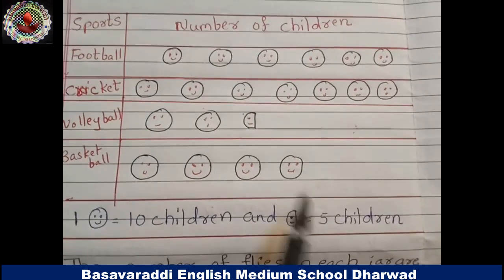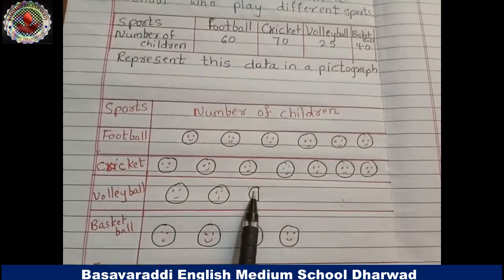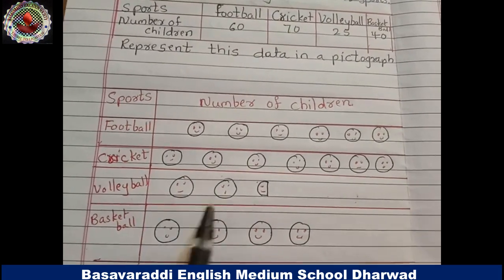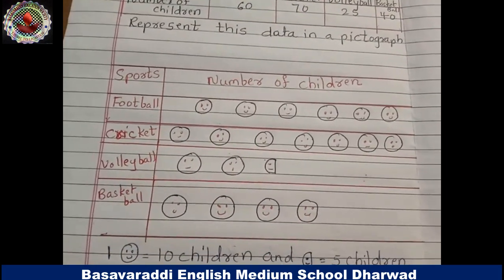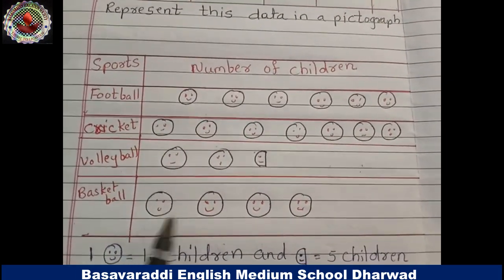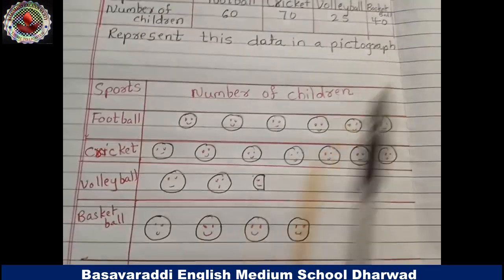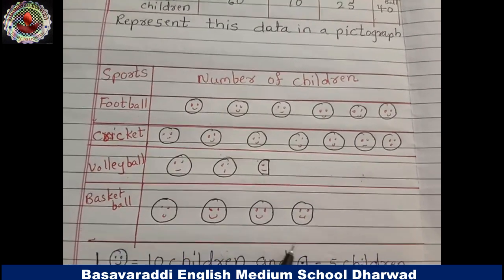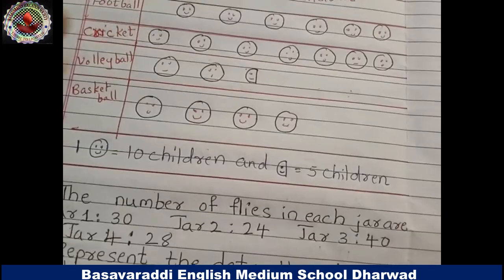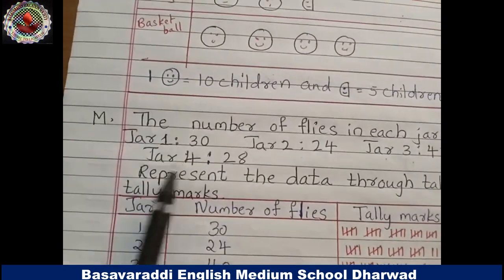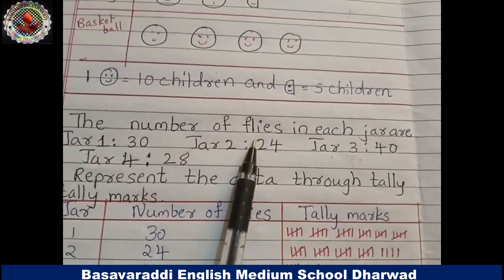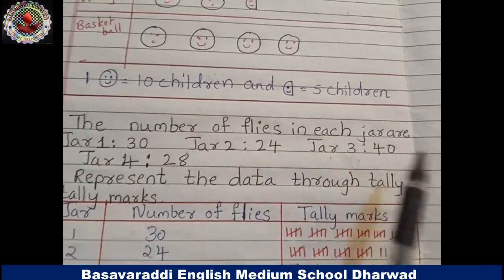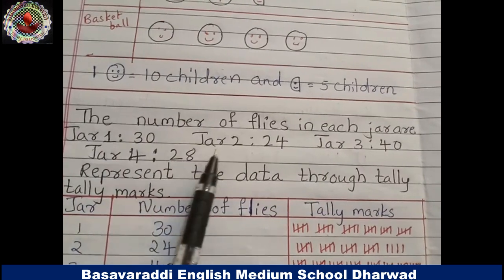So 10, 20, 25: 2 smileys and half a smiley. And basketball 40: 10, 20, 30, 40. So we have to draw 4 smileys.